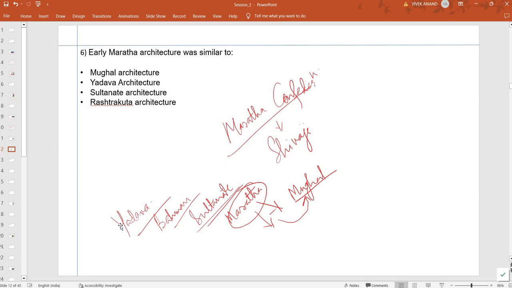I remember calling early Maratha architecture Neo Yadava architecture. Okay, so what was the style of Neo Yadava? I actually don't remember the style of Neo Yadava. Can you explain?